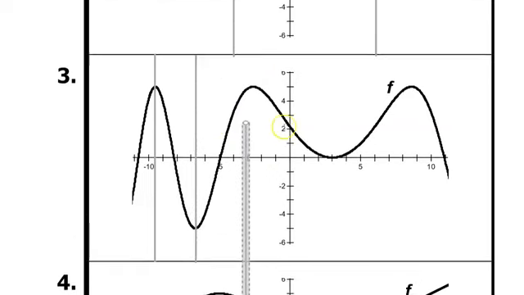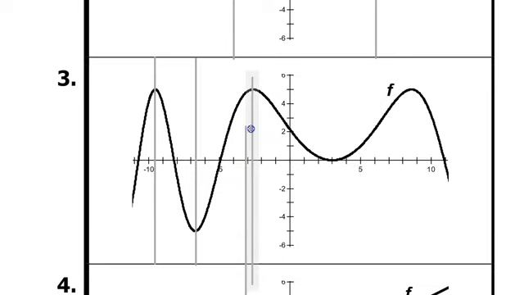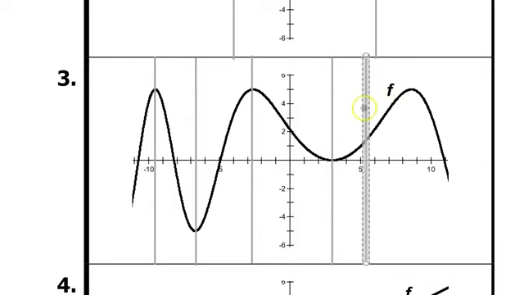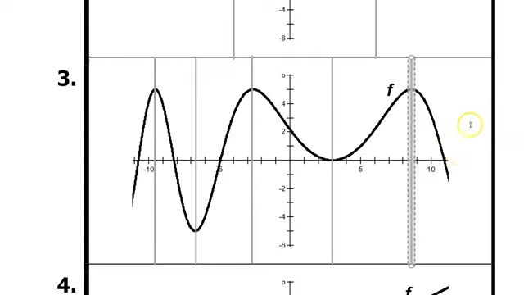And then it's increasing again until here. And then it's decreasing from here to here. And then it's increasing again from here to about here. And then it's decreasing the rest of the way.